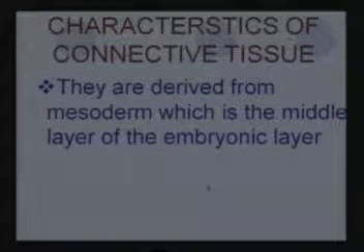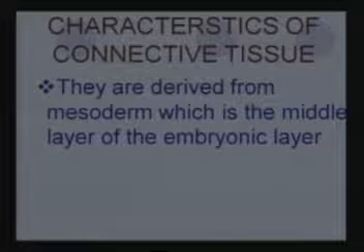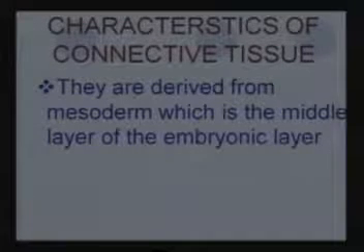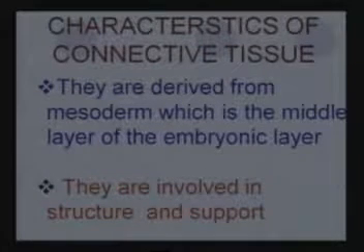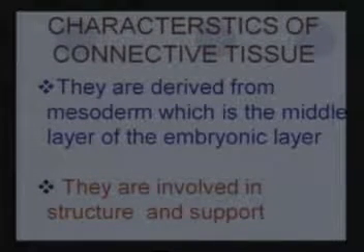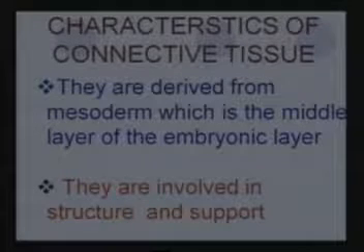What are the characteristics of a connective tissue? They are basically derived from the mesoderm. The mesoderm is the middle layer of the embryonic layers when the human being was being formed. Most of the connective tissues are involved in providing structure and support to the body.